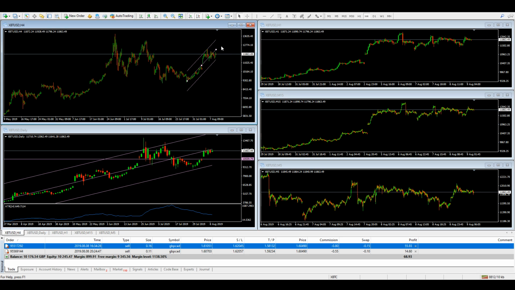Our channel on the 4-hourly is nicely within the standard deviation channel, but if we look at how these highs here have found resistance, I mean, that isn't as significant because of where it's placed, but it's still some zonal resistance.